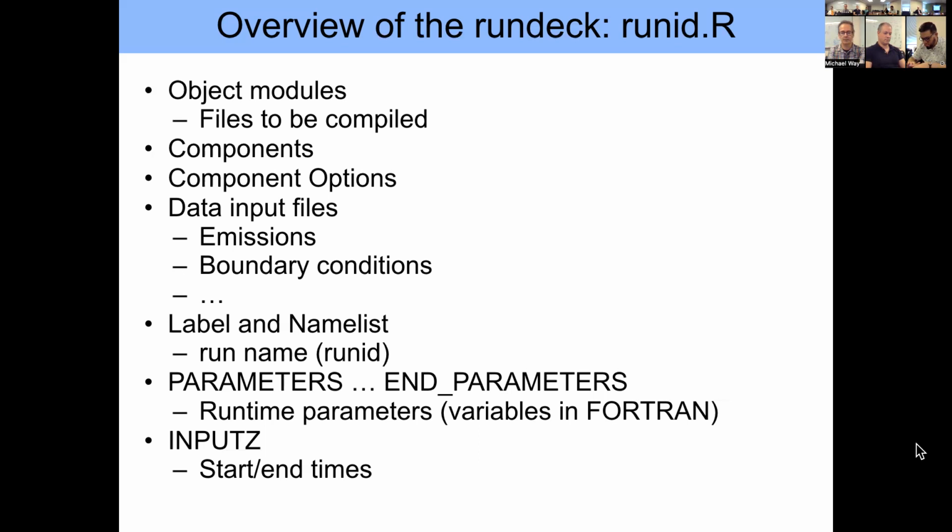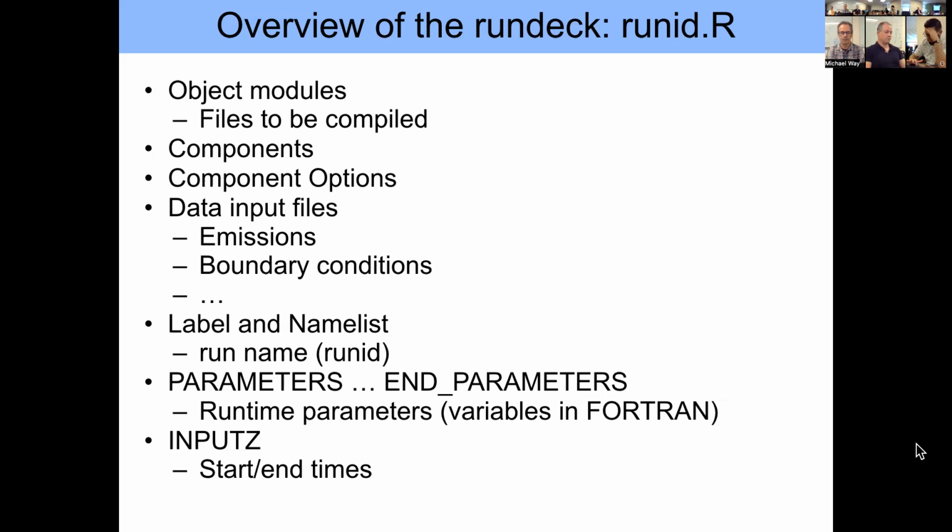So I will move to the next part of the run deck, which is called label and name list. This essentially defines the run name, and also it contains a comment. The run name, we frequently call it run ID. It is essentially the file name of the run deck without the .r, which is the extension of the run deck.